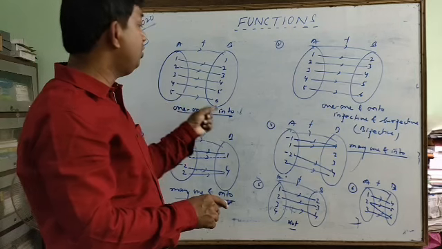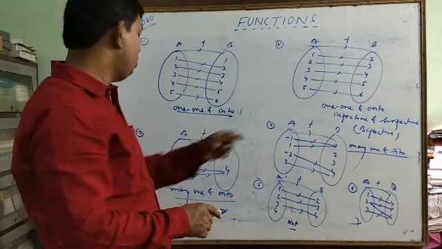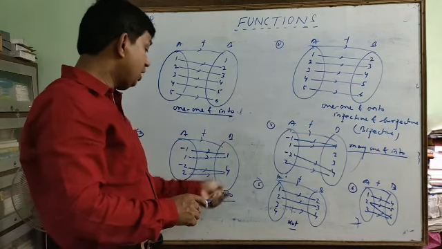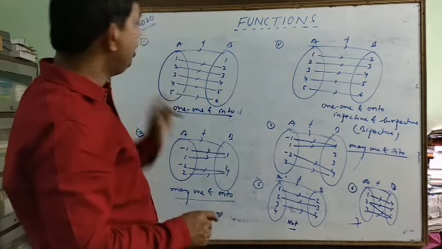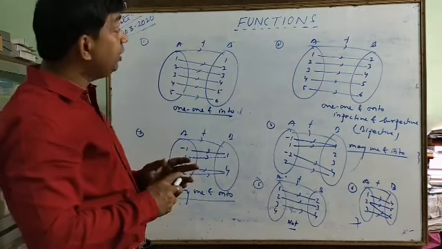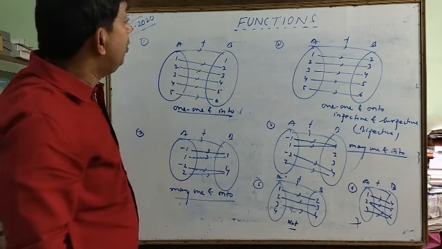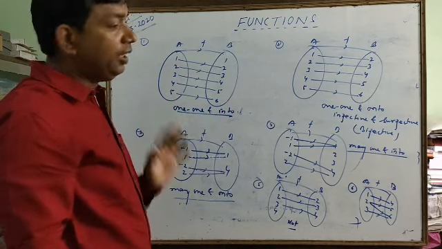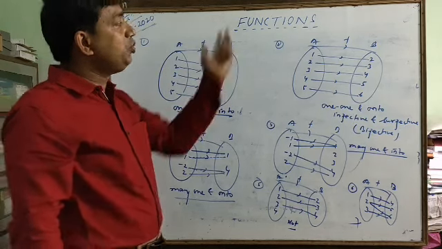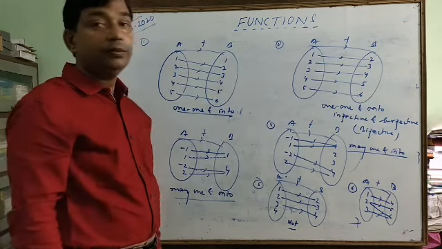What is one-one into, what is one-one and onto, what is many-one onto, and many-one into. By seeing this, one thing I have to say: suppose f is a rule from A to B, is there any function here which is from B to A also a function?